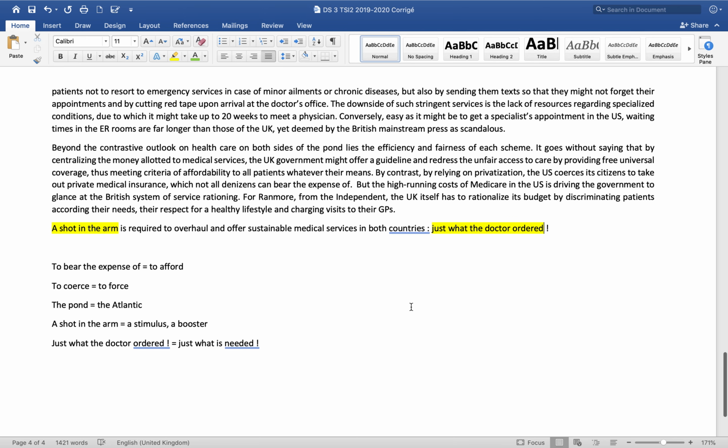It's a phrase in English that means just what is needed. So for example, if I feel tired and you bring me a cup of coffee, I'm going to say, oh, just what the doctor ordered, which means just what I needed right now. Okay, so it is just what is needed right now for those medical systems, both in the UK and the US, a shot in the arm. It's a boost. It's a stimulus.